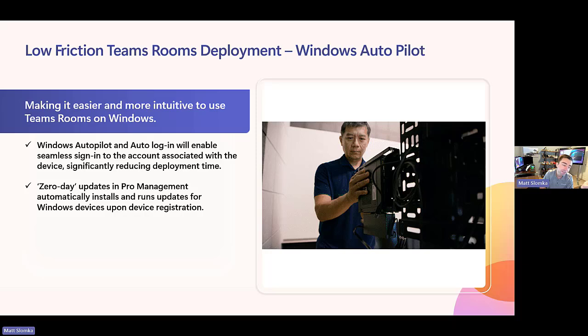And then I saw this mentioned in the chat. A big advantage to Teams Rooms on Windows is Windows Autopilot. Intune built Autopilot with Windows years ago. We now leverage Autopilot self-deployment, where the device can automatically deploy itself from the beginning, then it goes to the Pro Management Portal and says, hey, I'm hardware ID 1234.